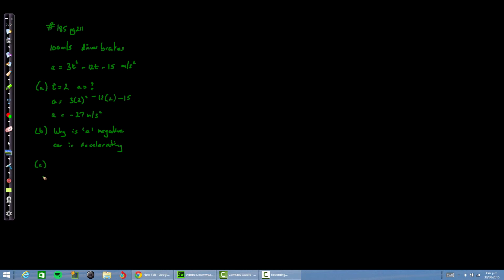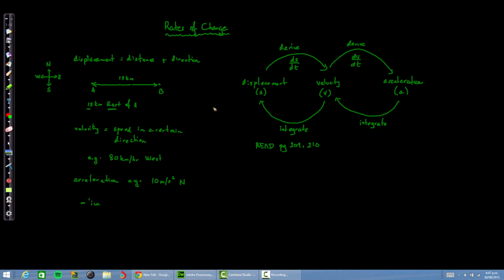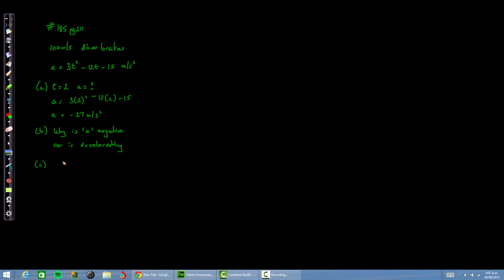What is the velocity function? Well, here we actually are going to need to do some integration. If I just jump back to that previous screen, we've got acceleration information, we want velocity, so we need to integrate. And don't forget, there will be that constant of integration, so we're going to have to deal with that. So velocity will be given by the integral of this equation here.